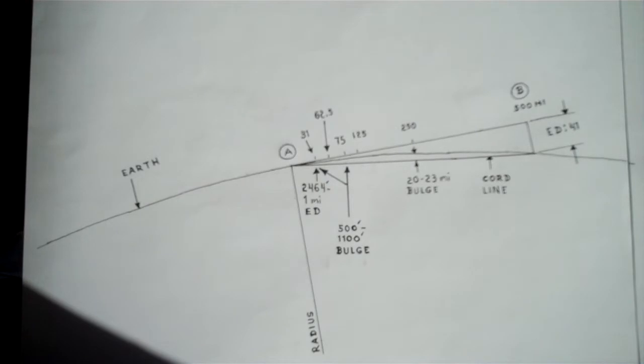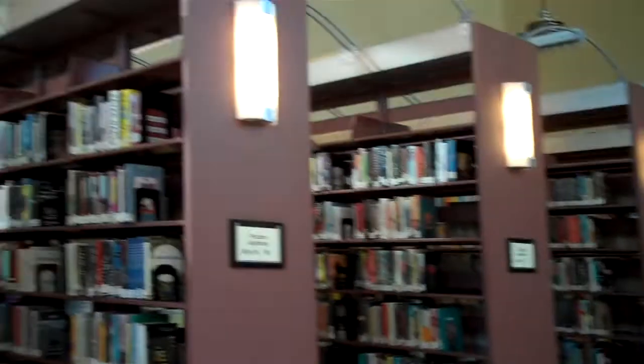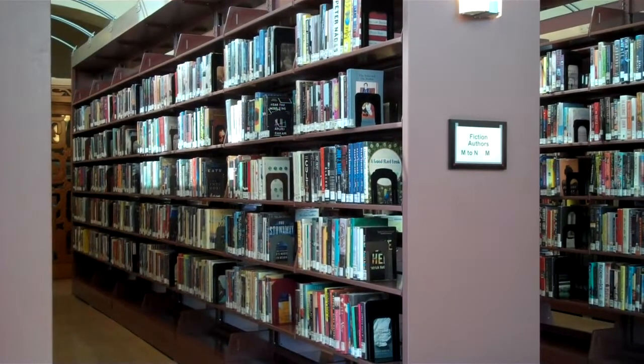Now, to continue, a chord is of basic geometry and is a straight line connecting 2 points of the circle from inside the circle, and this was to measure the water bulge at 31 miles and 250 miles.